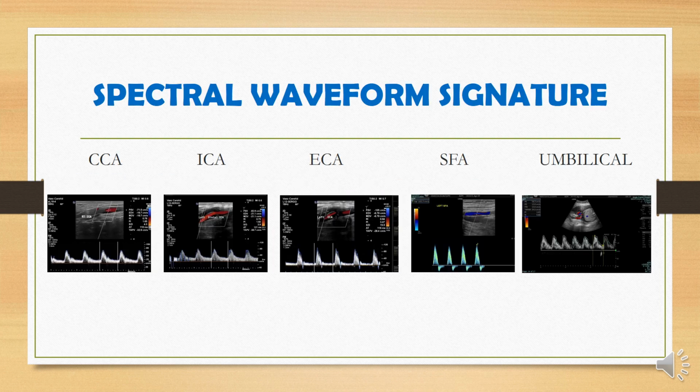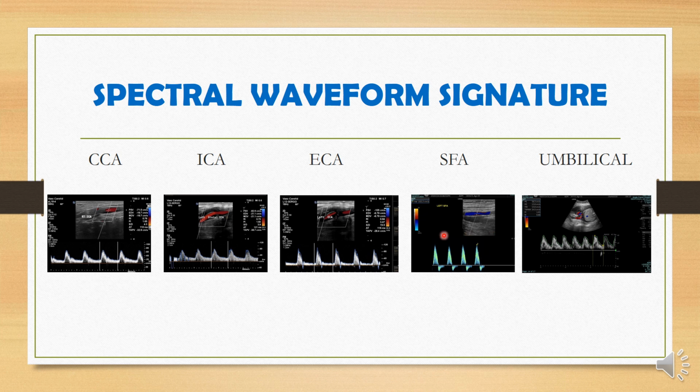Every major artery of the human body shows a typical spectral waveform signature. Like this is a superficial femoral artery. It is showing a peak systolic velocity coming back to the baseline, and there is a reversal of the diastole.